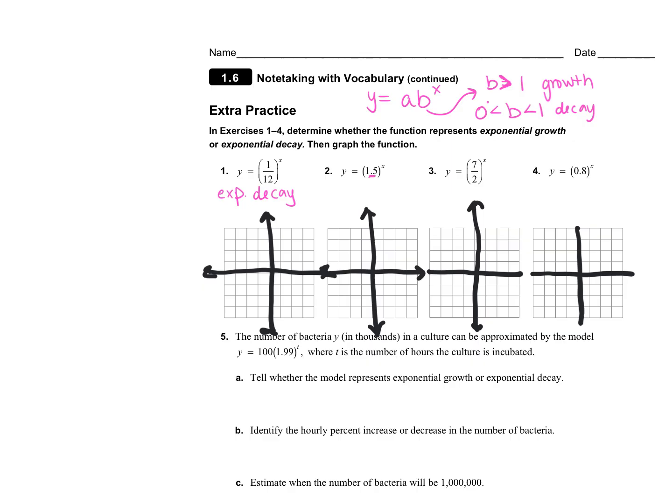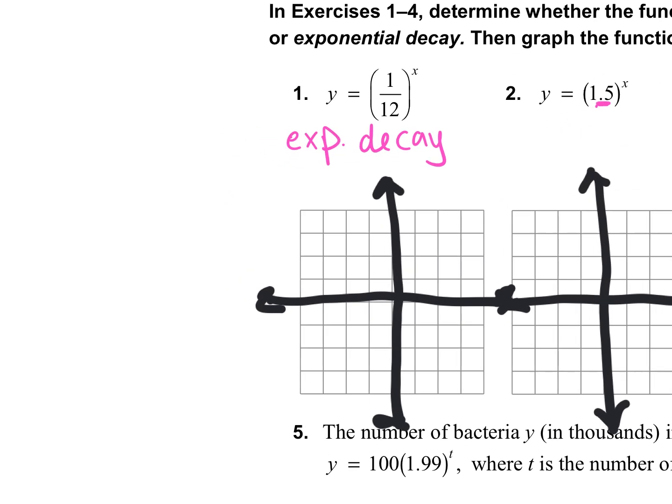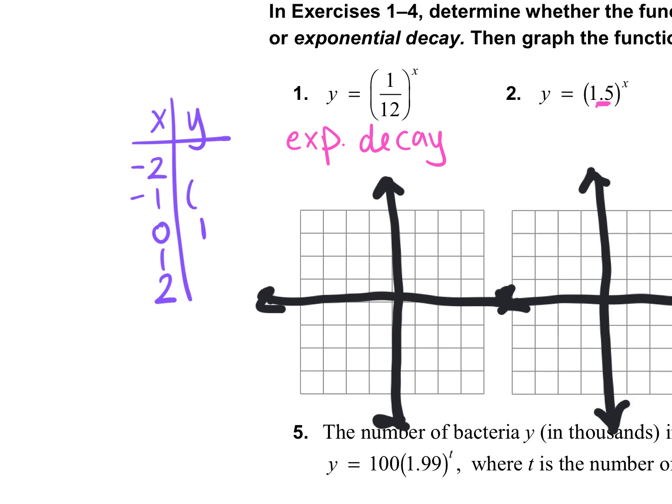Let's go ahead and make a chart for that. So we'll have x and y, with some negative values and positives. If I raise it to the 0 power, I'm automatically going to get 1. That's kind of a given. If I raise it to the -1 power, I'm actually going to get 1/12 to the -1.